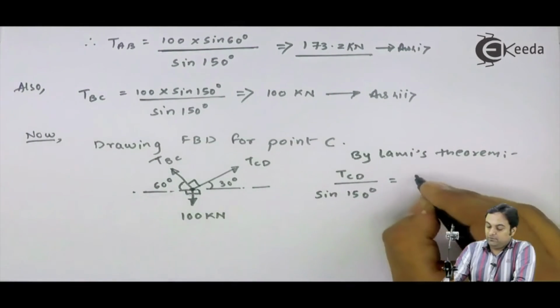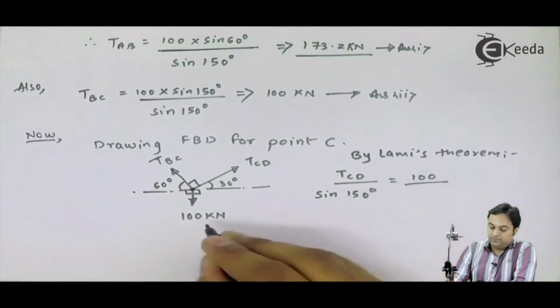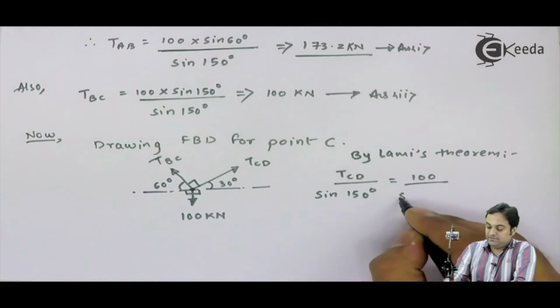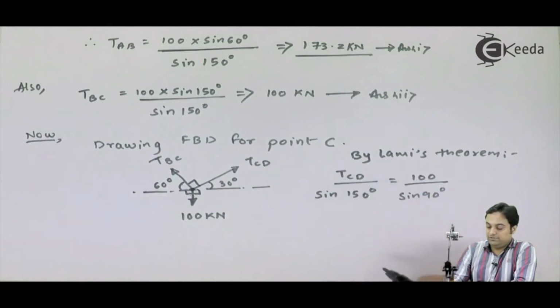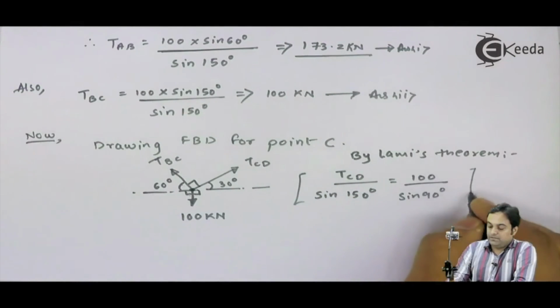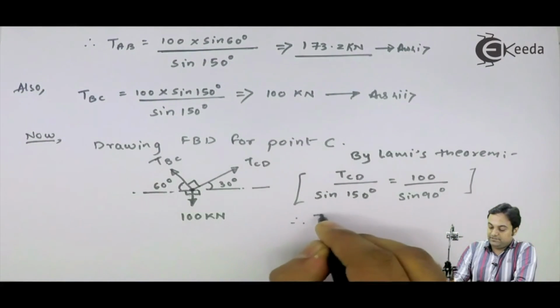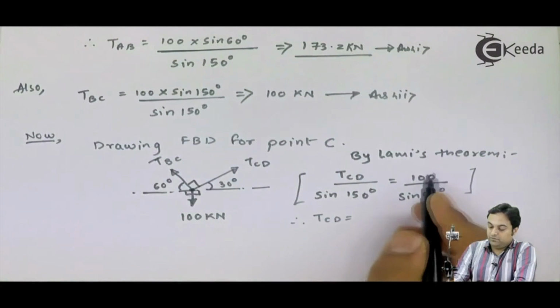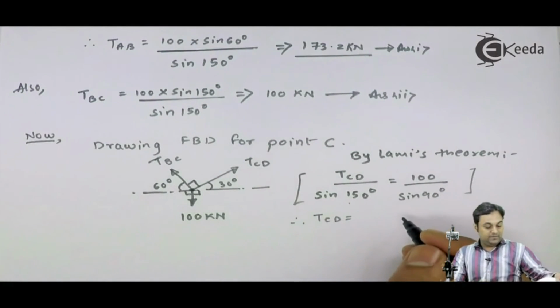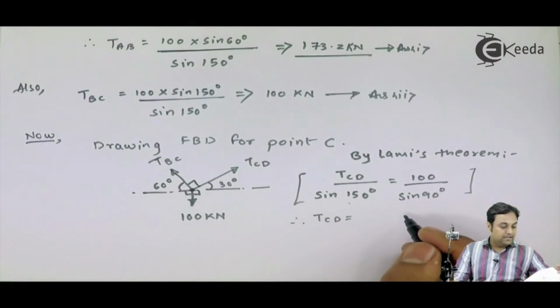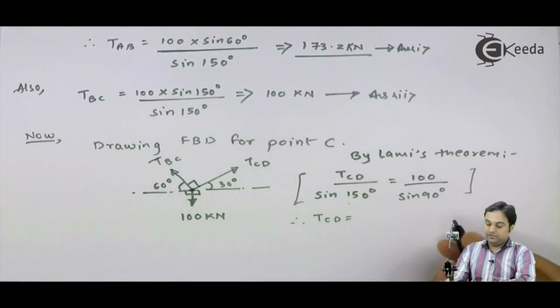I will take W as 100 upon sine of the angle between TBC and TCD, which is sine 90. So I'll take only this much term because I want only TCD. So therefore TCD will be equal to 100 into sine 150 divided by sine 90, and that gives me my answer of TCD, it comes out to be 100 kilonewton.